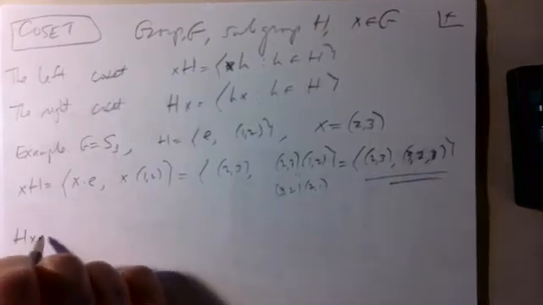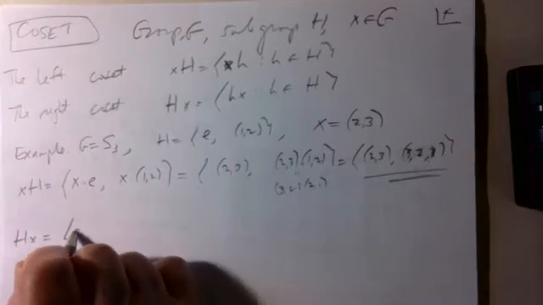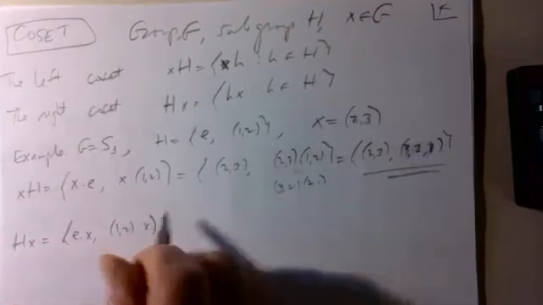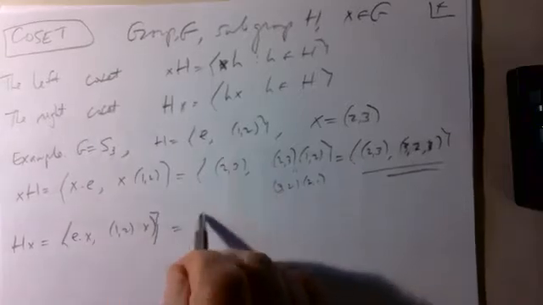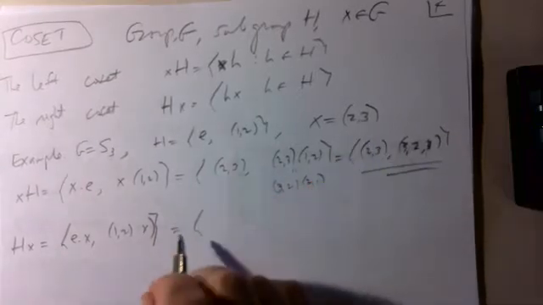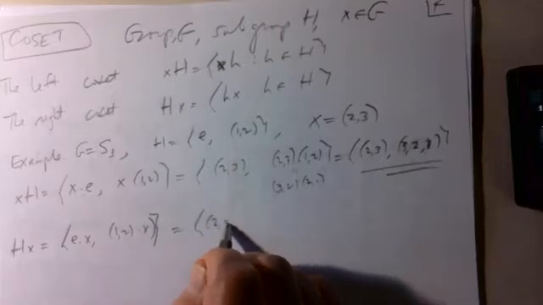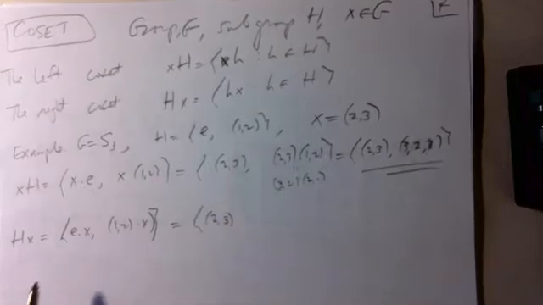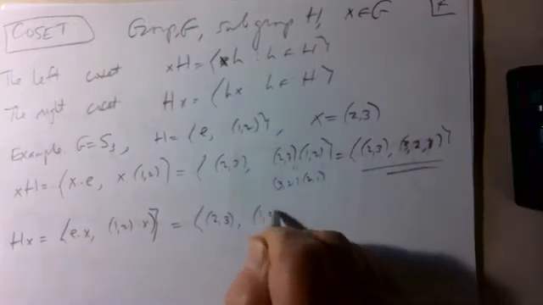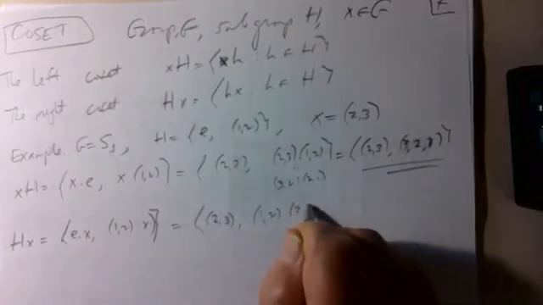What about the right coset? So this is e times x and (1 2) times x. E times x, x was (2 3), and (1 2) times (2 3).